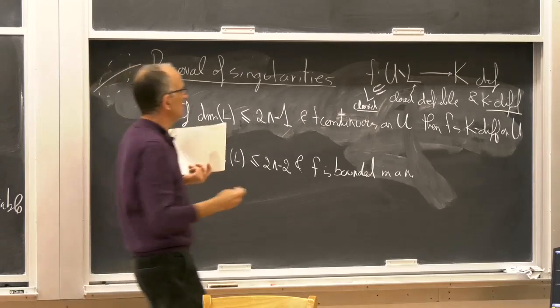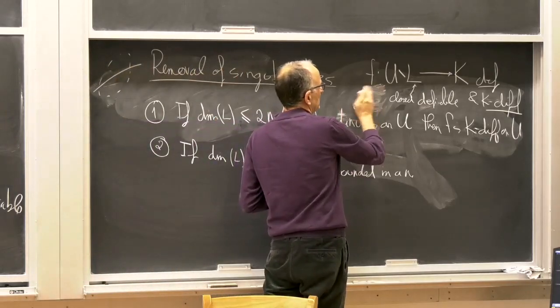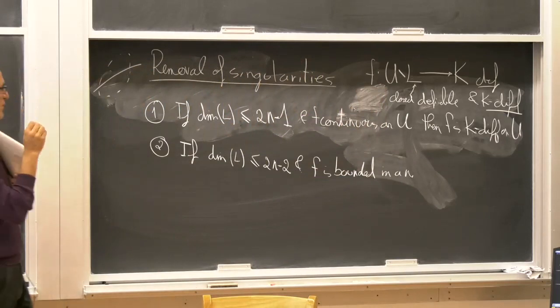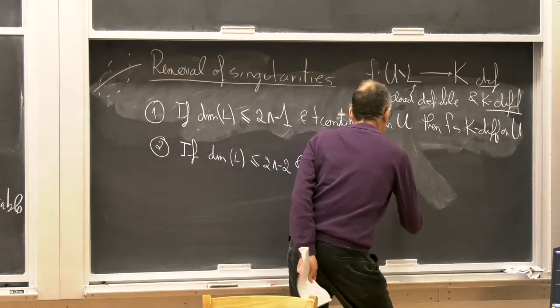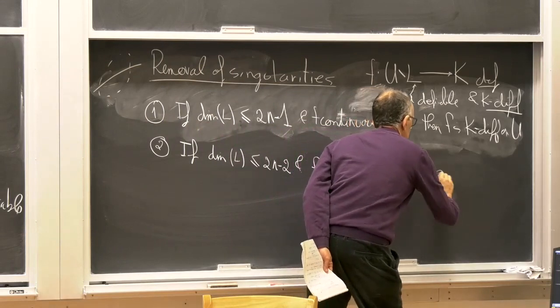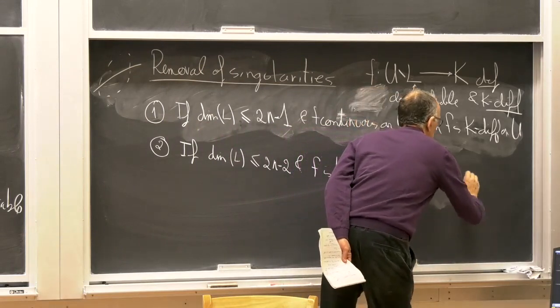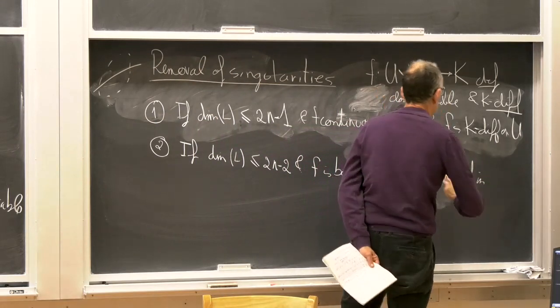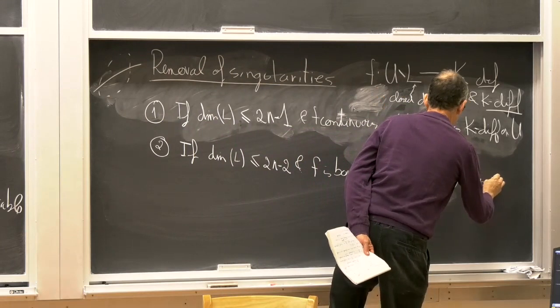So you don't need that. It's all local. We need it to be bounded in a neighborhood of every point in L. It's totally a local statement. Locally bounded around points in L. Don't have to say that.